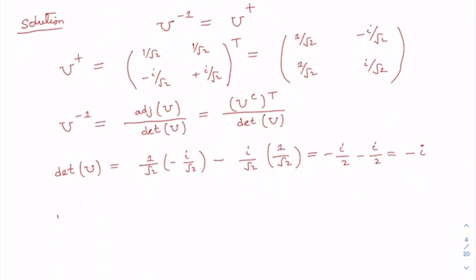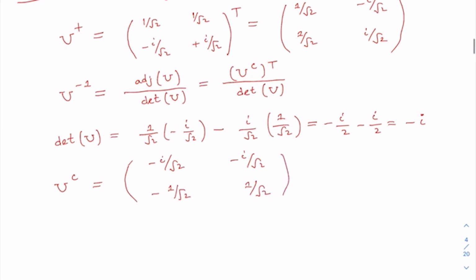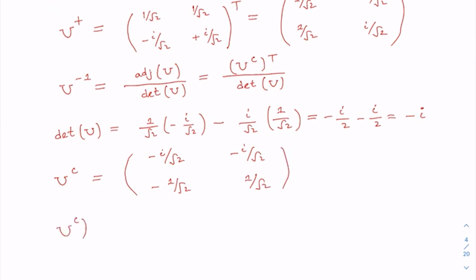Now what about the cofactor matrix of U? So U^C would be equal to, I hope you know how to do it. You will find that this would be minus I by root 2, minus I by root 2, minus 1 by root 2, and it would be 1 by root 2. Then if you take the transpose of it, you will get minus I by root 2, minus I by root 2, minus 1 by root 2, plus 1 by root 2.